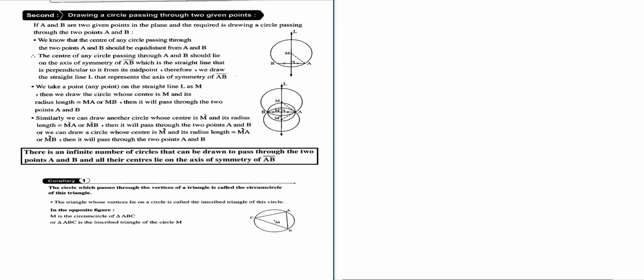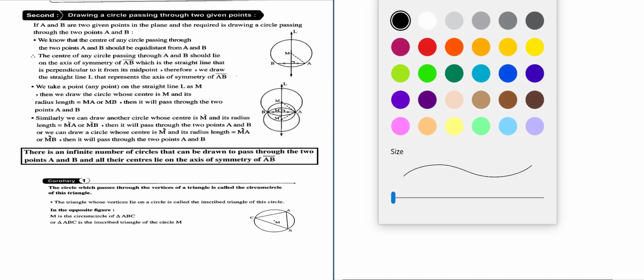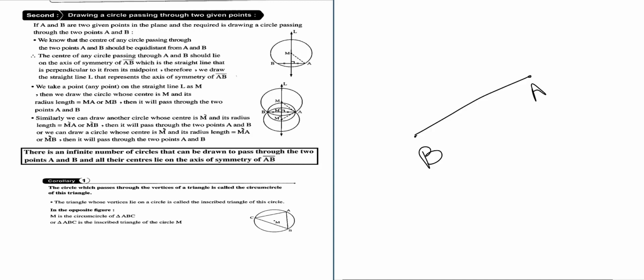If we want to draw a circle that passes through 2 points, we know that 2 points make a line segment, like point A and point B, like this. If we want to draw a circle that passes through the 2 points together, we must draw the axis of symmetry of this line segment. How?